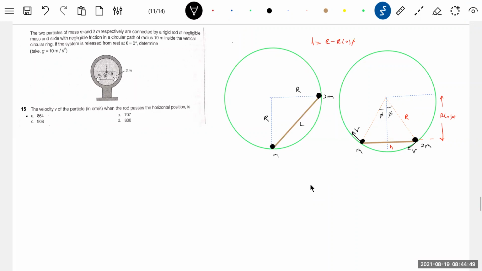Now we'll write down the equations. Decrease in potential energy: 2mg r cos phi should be equal to the increase in gravitational potential energy of the other bob, mgh, plus mv square by 2.